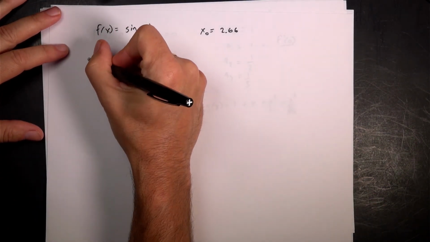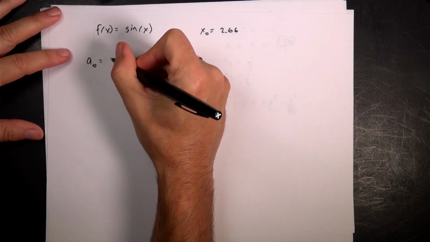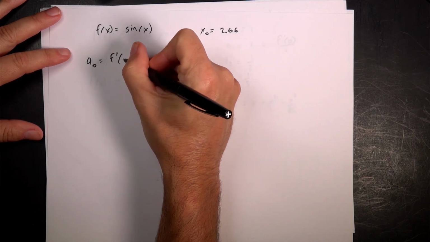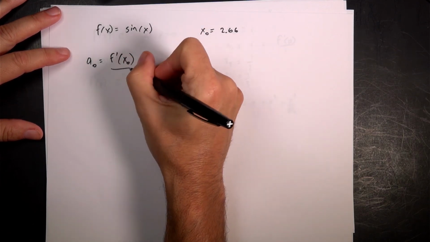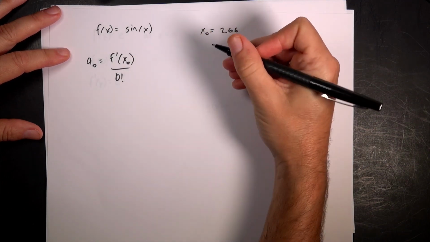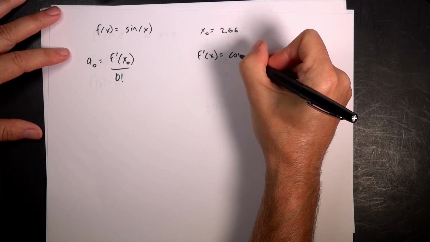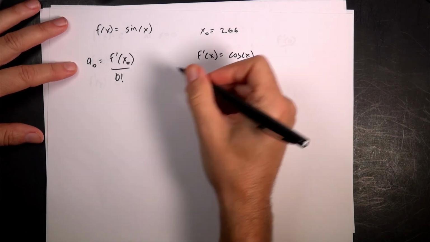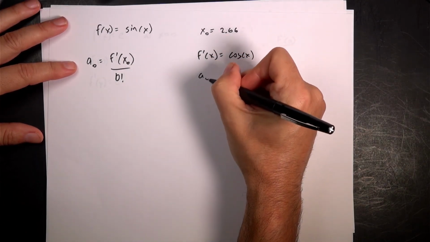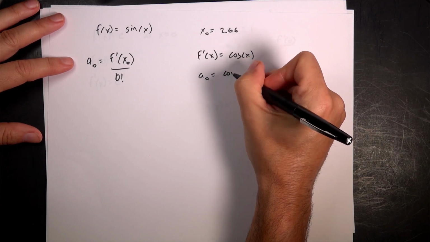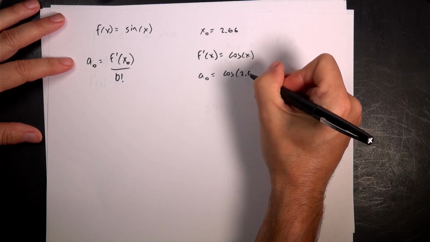So a0 is going to be f prime at x0 divided by 0 factorial. So let's just take my derivative. F prime of x is going to be equal to cosine x. So a0, I'm going to keep it over here. a0 is going to be cosine of 2.66.